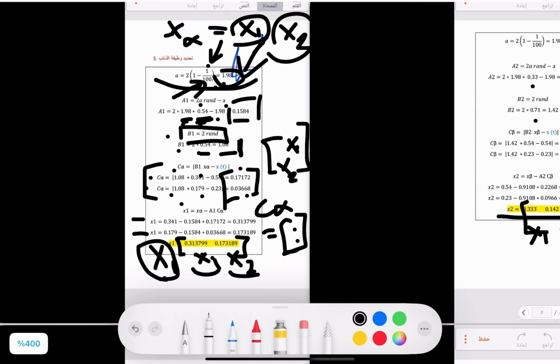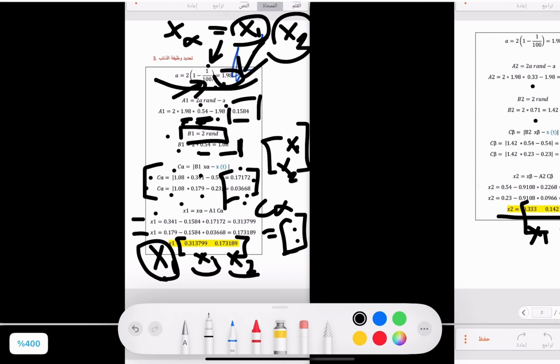So we got values of 0.17172 and 0.03668. And then to calculate x1, we need to subtract a1 times c alpha from x alpha. This is what we have done here exactly.